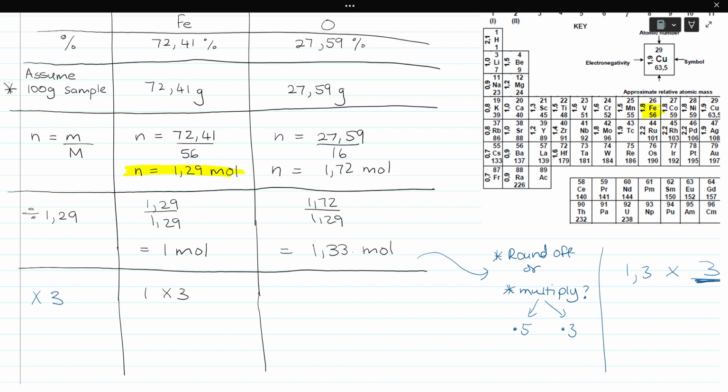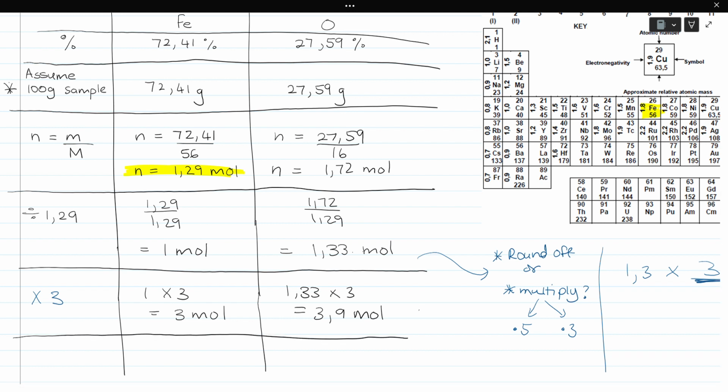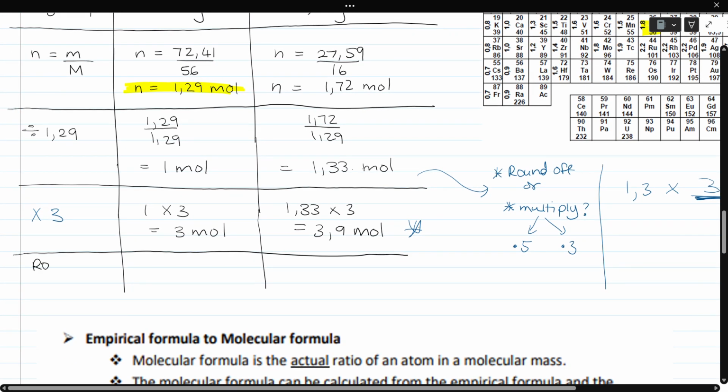So I'm going to get 1 times 3 here, which is going to give me 3 moles. And I'm going to get 1.33 times 3, which is going to give me 3.9 moles. So again, special step here. Next step is our case of rounding off now.